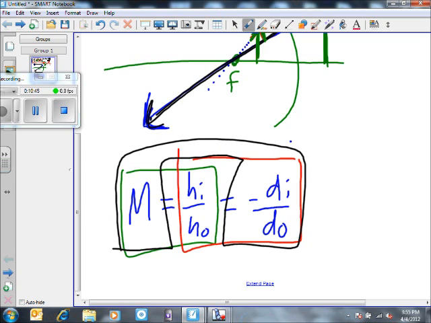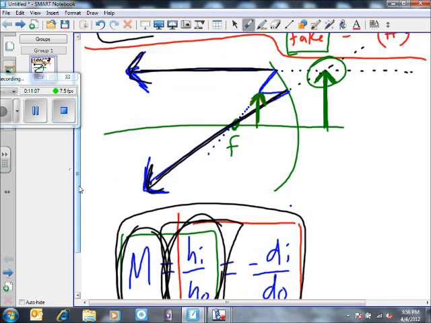Do you see that? Now I want to tell you, the reason why I brought this up for your attention here is because h_i, h_o and magnification don't follow that fake is negative, real is positive convention. What you find with magnification and h_i, h_o is, and you'll see this in the math, if these are on the same side of the principal axis, then both of their numbers are going to be, well, in this case, positive, but they both could be negative too.